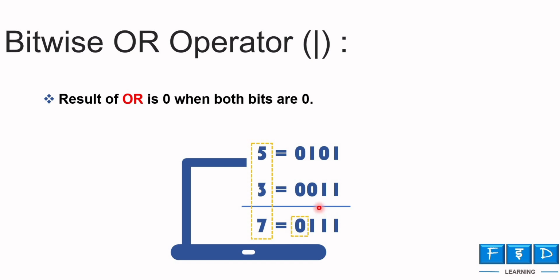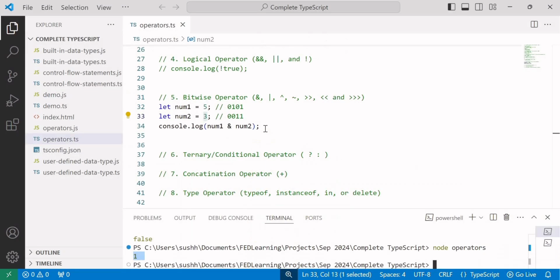So the final result of the OR operation between the two operands 0101 and 0011 is 0111, which means the decimal number 7. Let's write the same example in Visual Studio Code. Instead of AND, I'll add the pipe symbol, and now you can see the output 7.